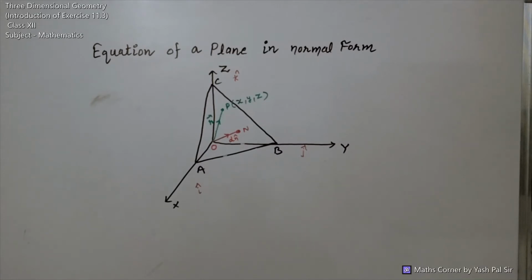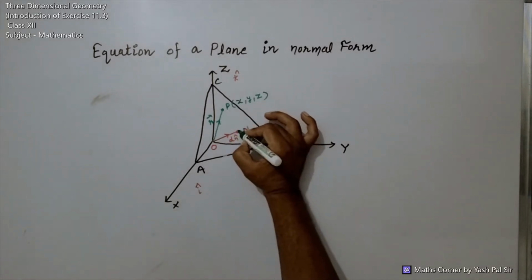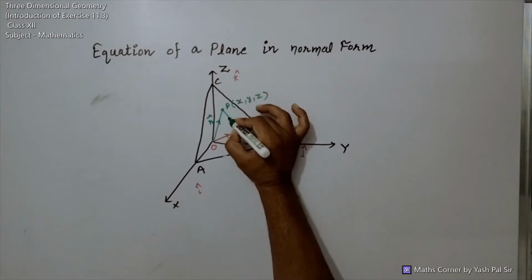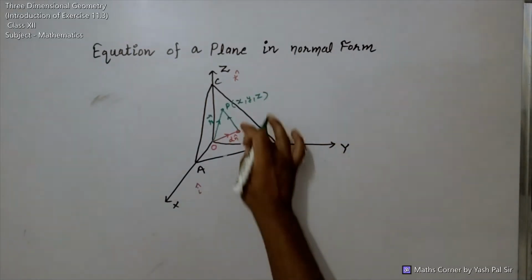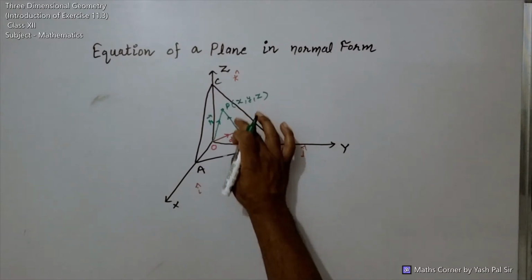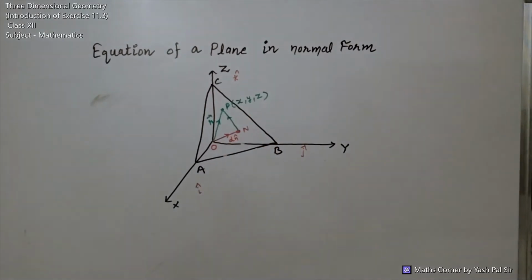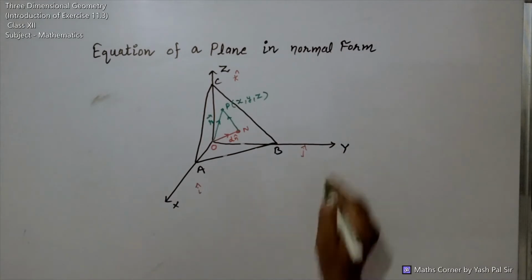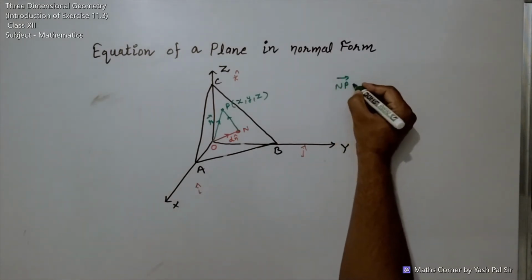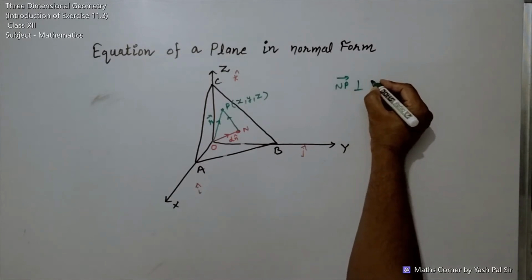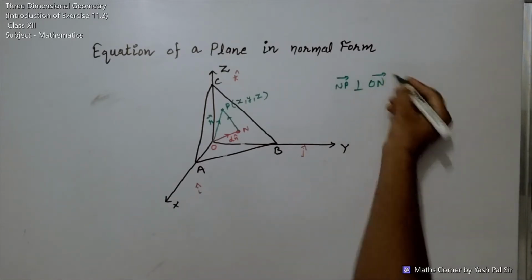Now one more thing we see, that NP is perpendicular to ON. What we see, vector NP is perpendicular to ON.